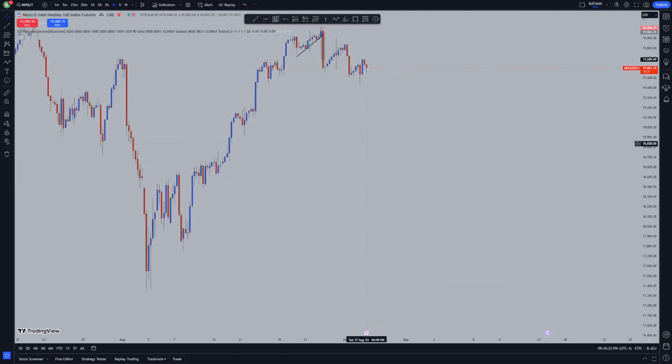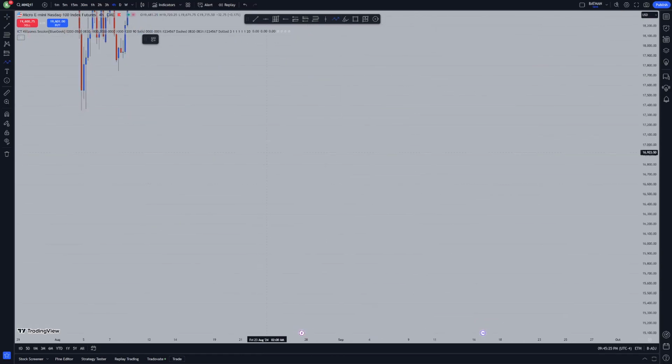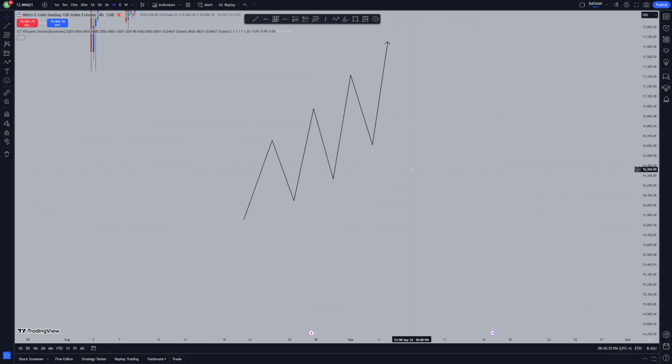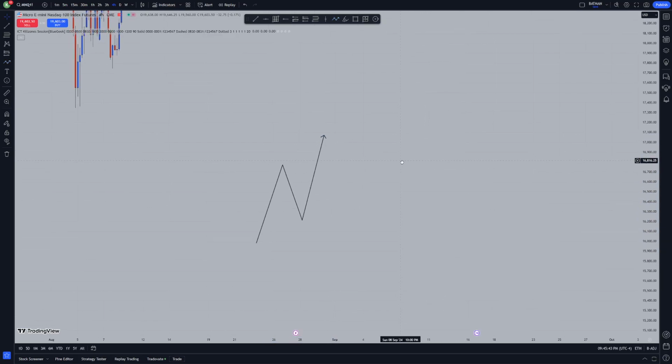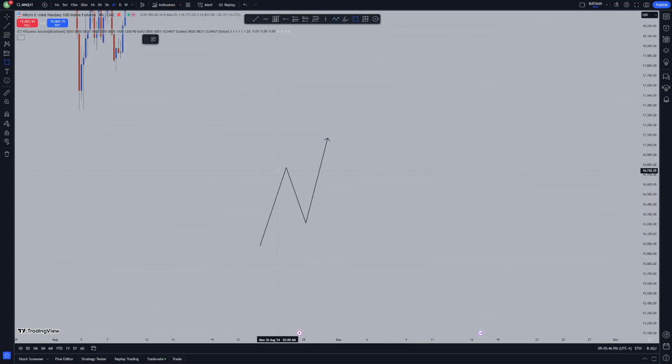Support and resistance, okay. Just imagine higher highs and higher lows are forming. Let's make it easier. Higher high, higher low, higher high. Okay. This is a resistance because it formed a higher low.